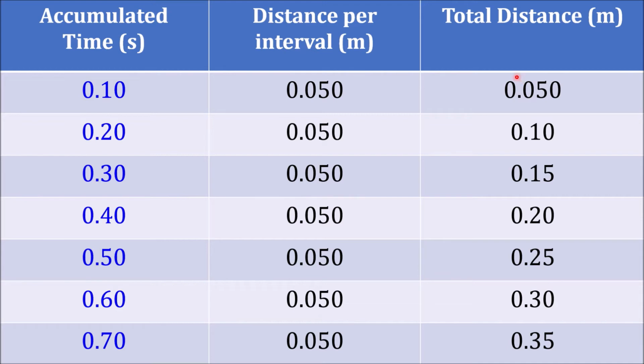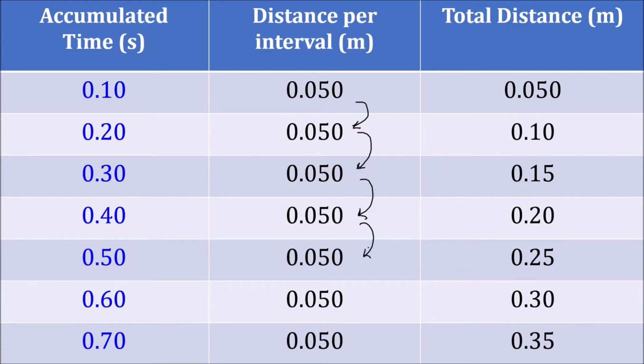Okay, so this is the scenario of constant speed. How do I know it's constant speed? Because the same amount of time has passed, so each passing interval is 0.1 seconds, but you can see that the car or the trolley has gone 0.05 meters consistently in each time interval.